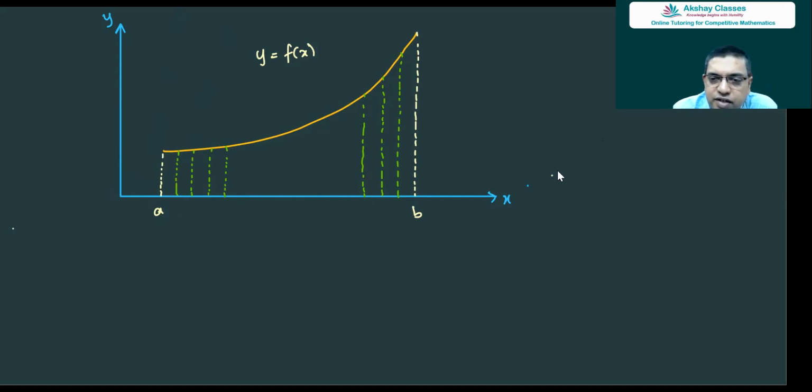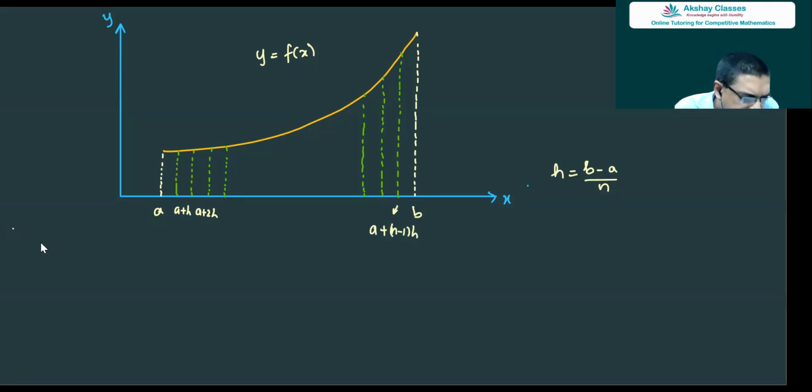If h is the interval width, h will be b minus a upon n. That will be the value of h. So this will be a plus h. This will be a plus 2h, the second one. Third one will be a plus 3h, and so on. And this one will be a plus n minus 1 times h.